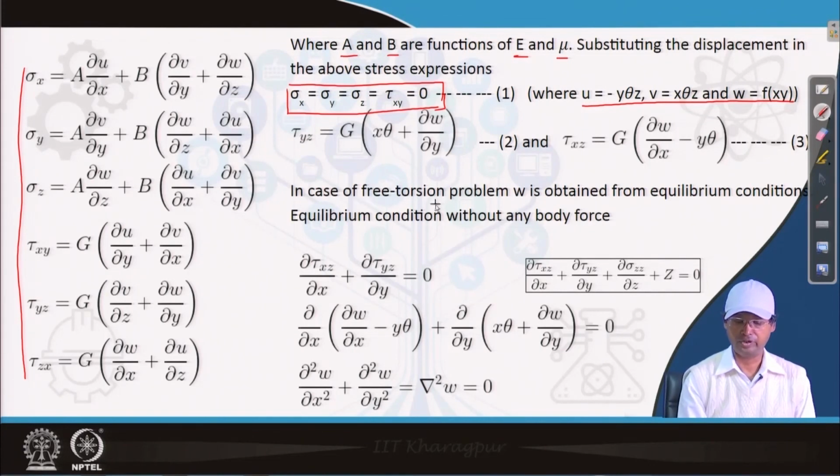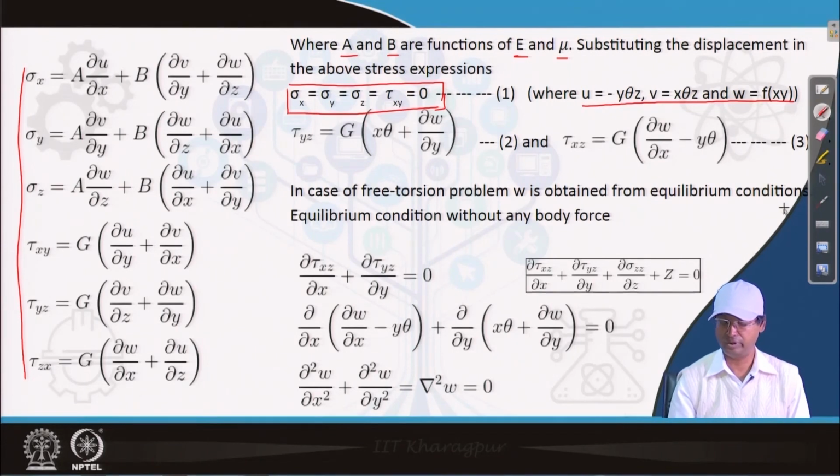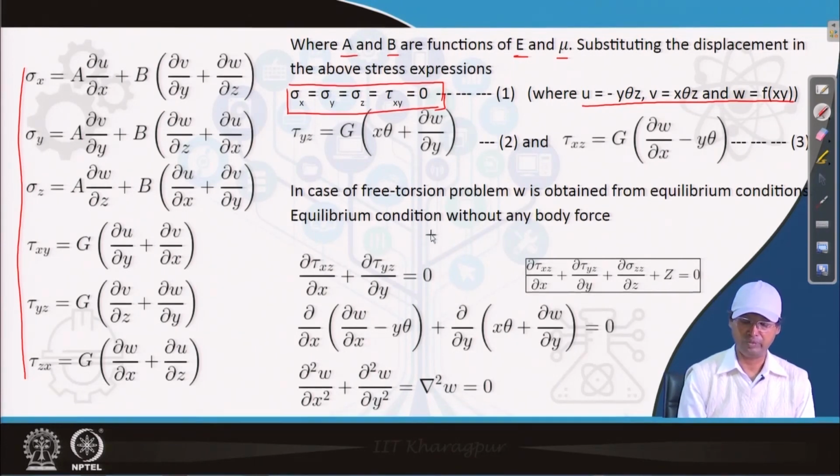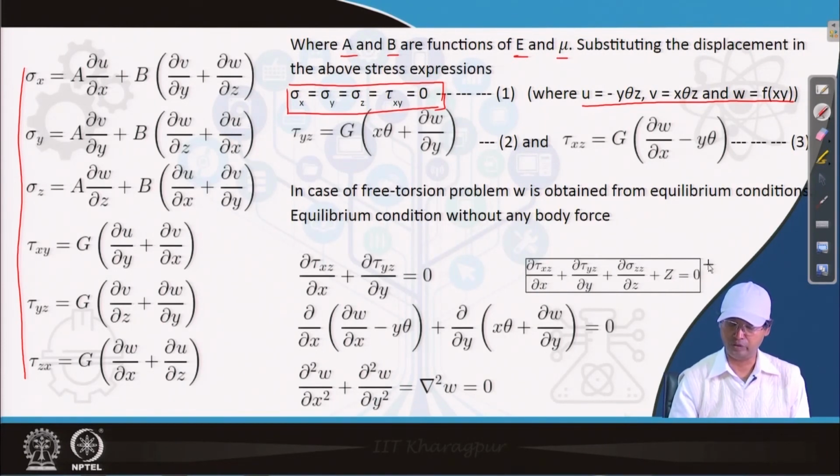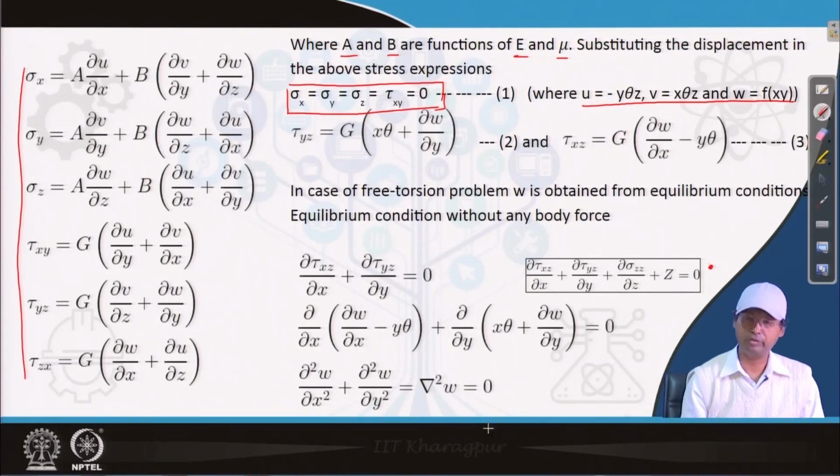In case of the free torsion problem, w is obtained from equilibrium conditions. The equilibrium condition without any body force, which is the third equilibrium condition we need to bring, because all other terms are 0. Only this equation will lead to a useful equation.